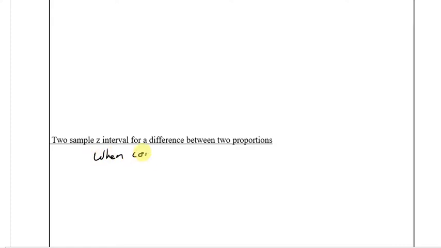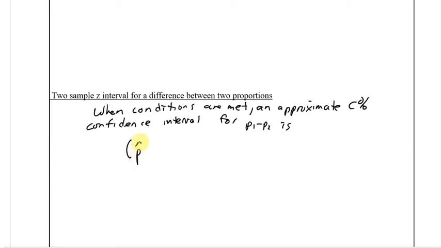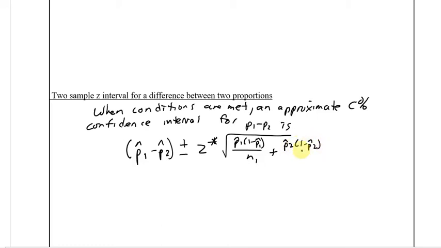When conditions are met, an approximate C% confidence interval for P1 minus P2 is P hat 1 minus P hat 2 plus or minus Z star times the square root of P hat 1 times 1 minus P hat 1 over N1 plus P hat 2 times 1 minus P hat 2 all over N2.